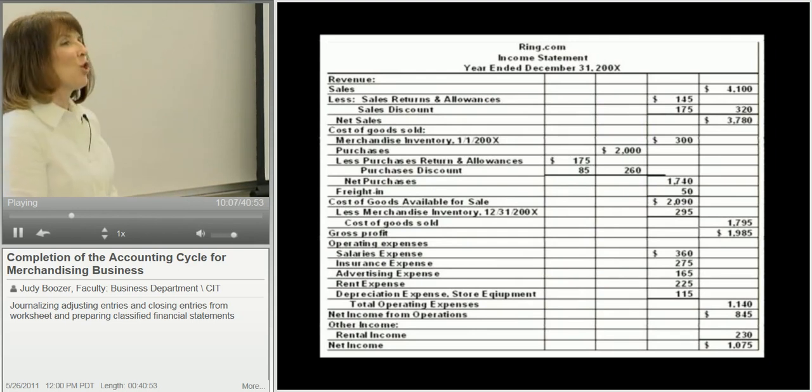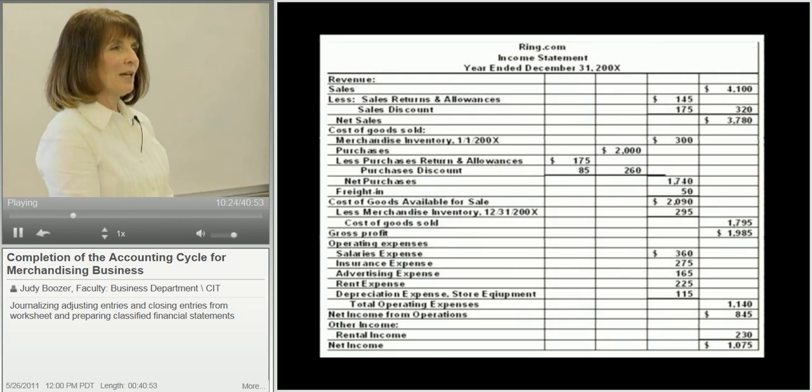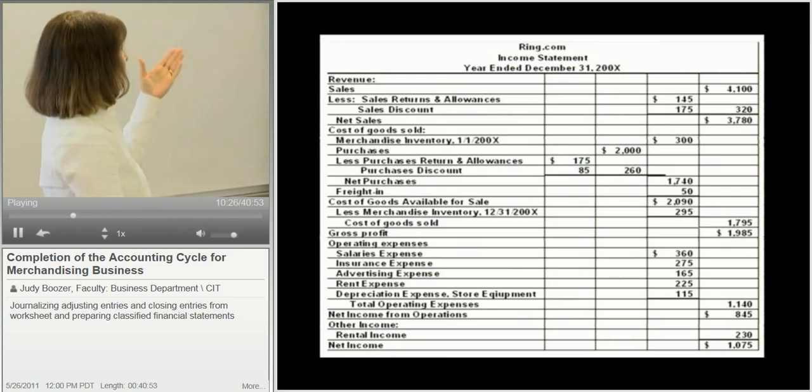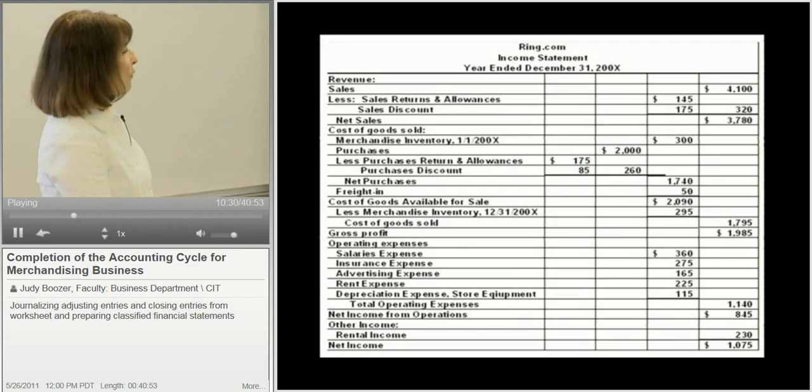This is your new and improved income statement. Now, I'm going to tell you a few things about it. First of all, you're going to have to know how to compile one. Not by looking at something else, by compiling it based on the order shown here. Now, do you see the 4 columns at the right?